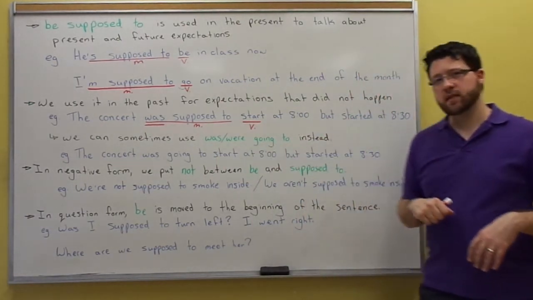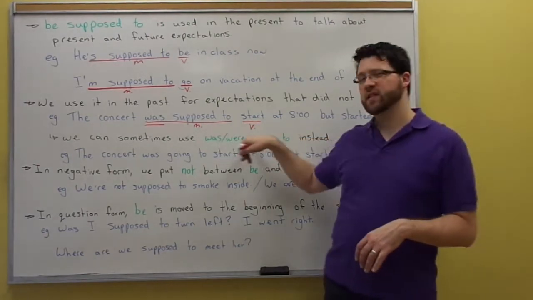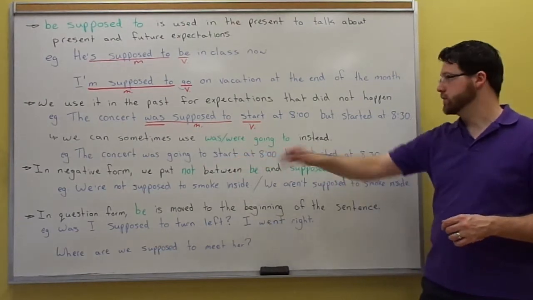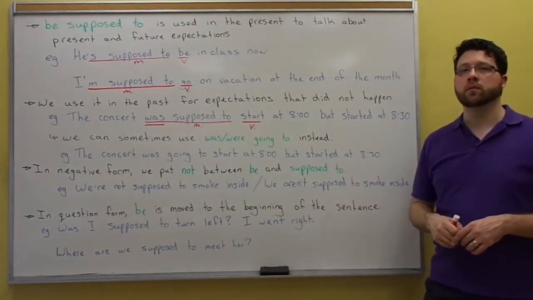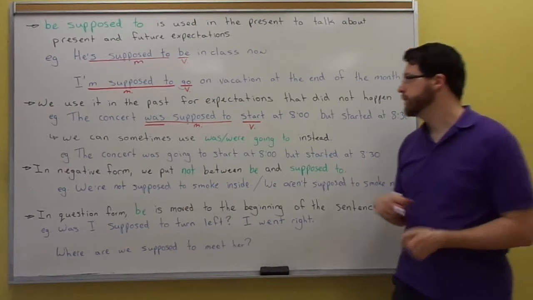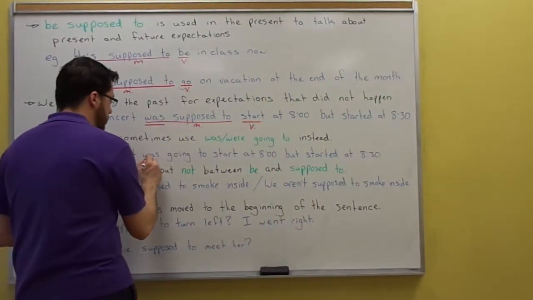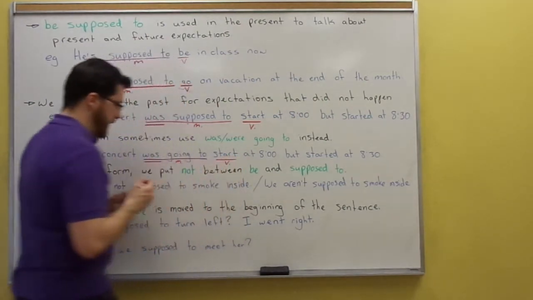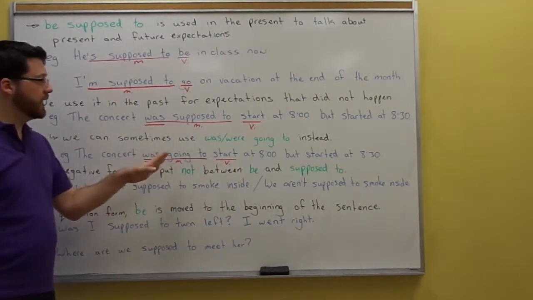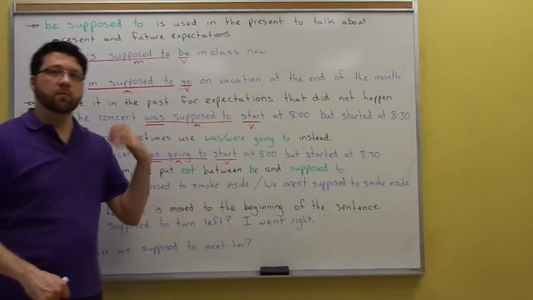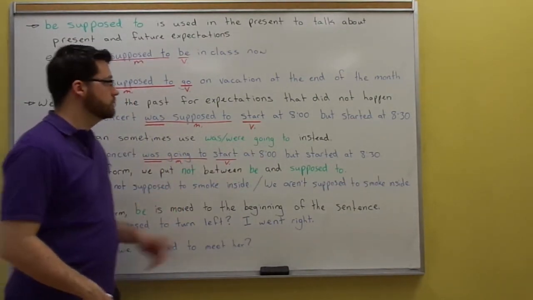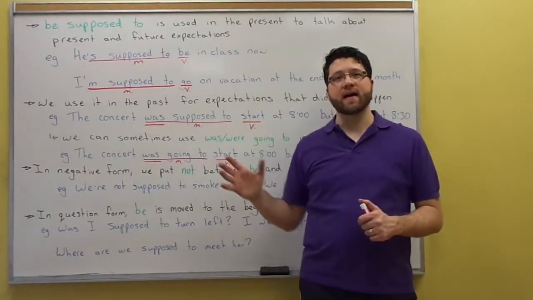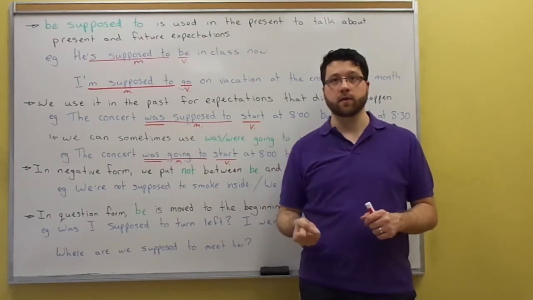So using my same example, I've used this was going to. And you'll see the concert was going to start at 8 o'clock, but started at 8:30. So was going to is talking about a plan, right? A plan for 8 o'clock, but it didn't happen. Okay. So we use it in the past for something that didn't happen.